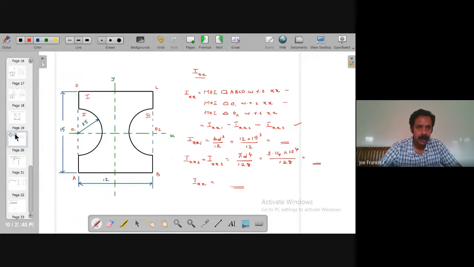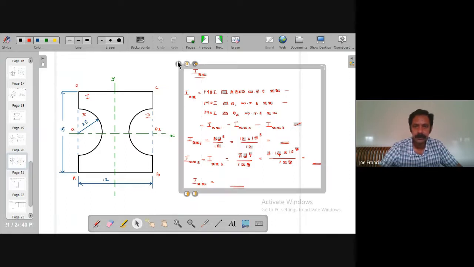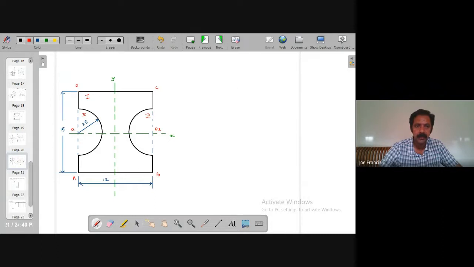Now, if you want to find the moment of inertia with respect to the YY axis, the next step is to find Iyy.